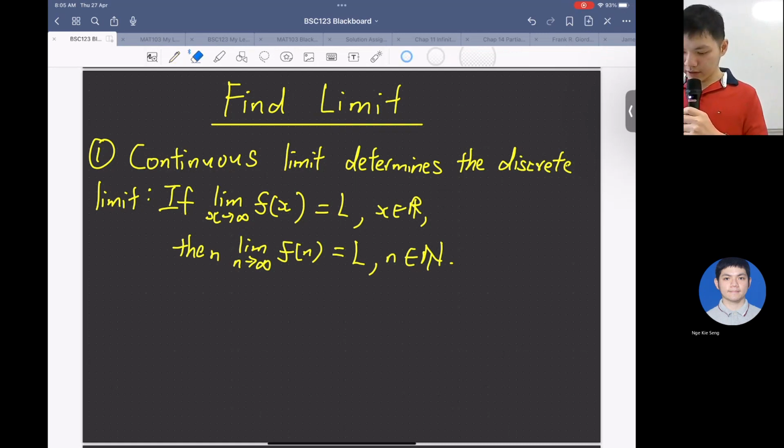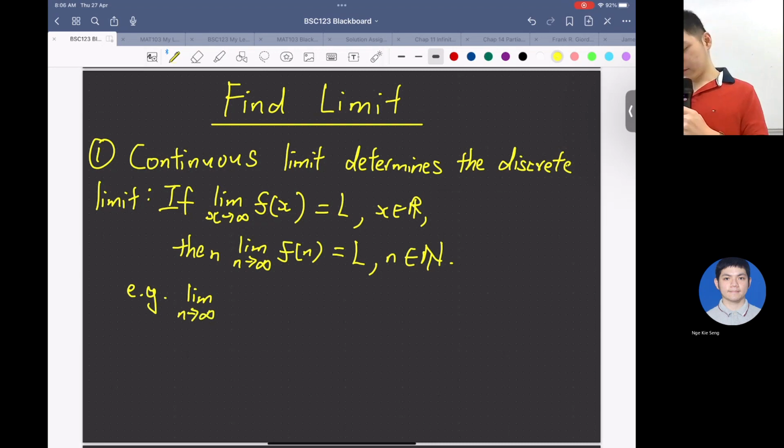Okay, for example, if you look at the sequence defined by 1 over n, so it's 1/2, 1/3, 1/4, 1/5, 1/6, 1/7, 1/8.